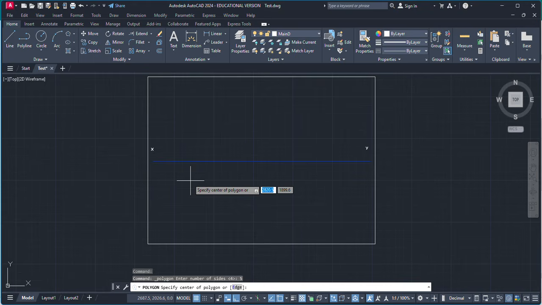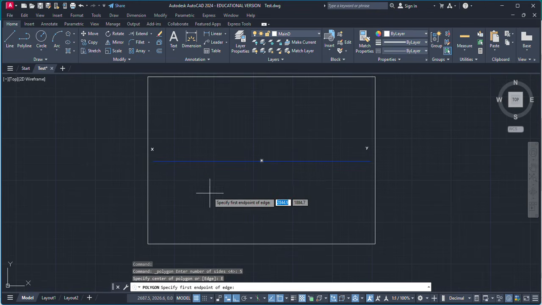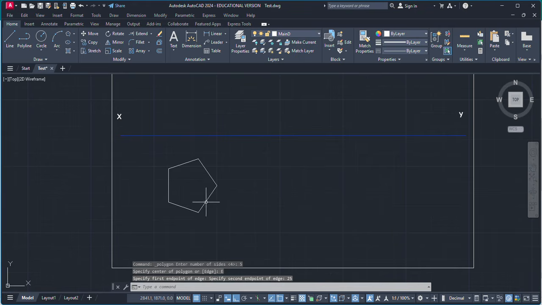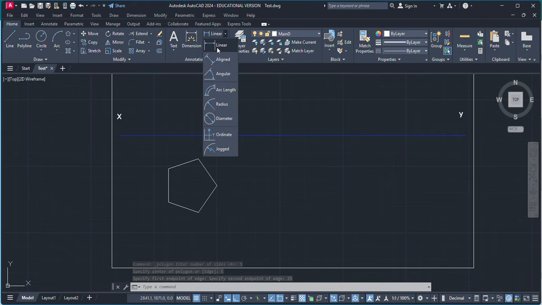Now we are going to define this with the help of edge, because in the question it is given we have a pentagon with 25 mm sides, so we are going to define our pentagon with edge length. So select this edge. Now you have to specify the first point, and just by clicking the first point, stretch your mouse or move your cursor. Now just press the dimension. This pentagon is of 25 mm side length. Just type 25 and enter.